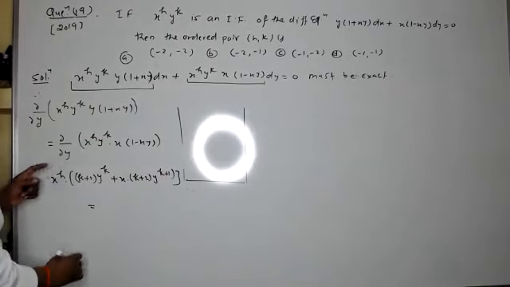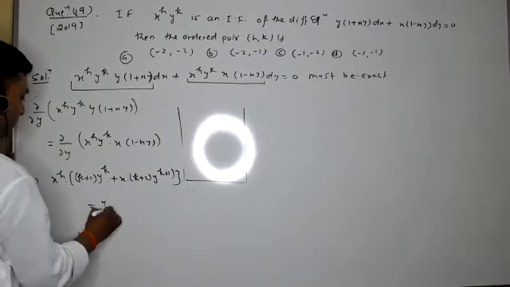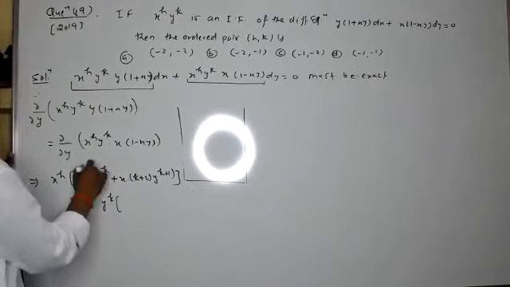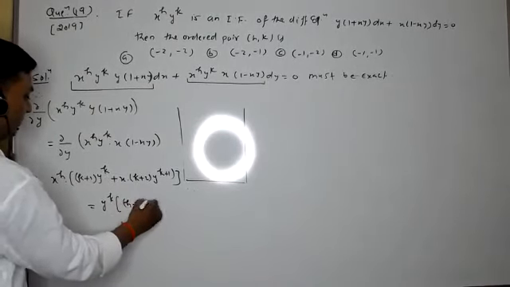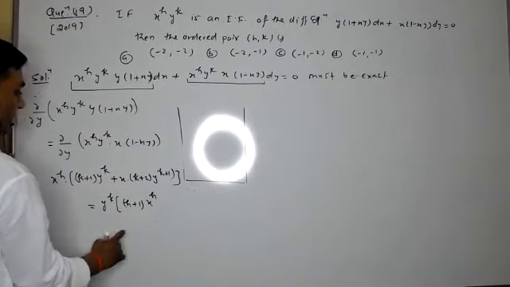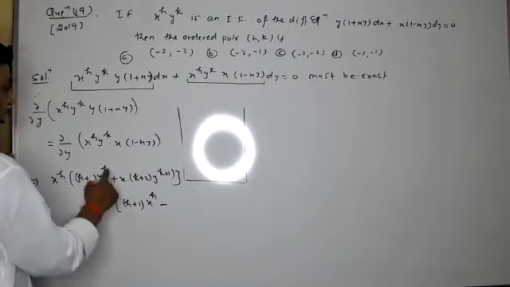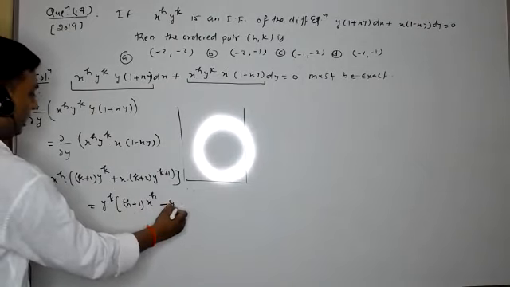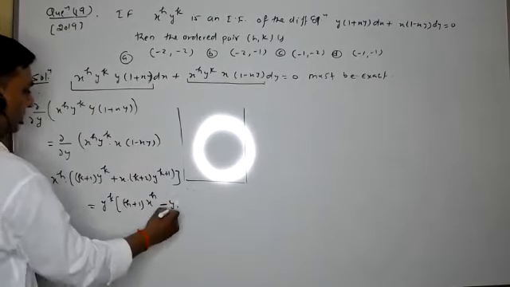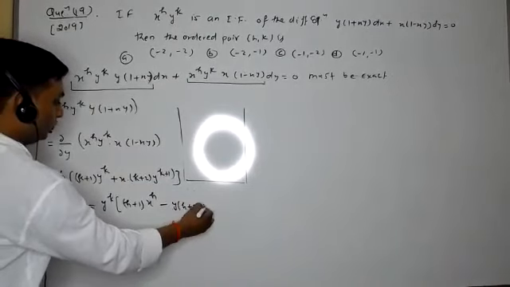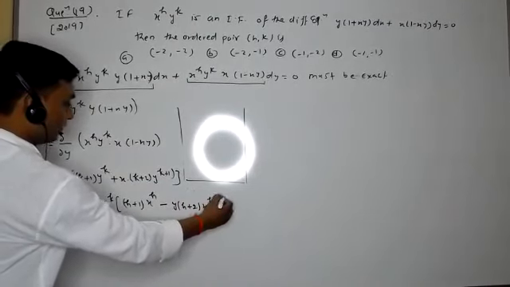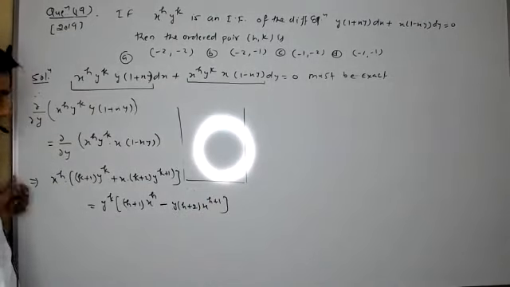And this is going to be equal to y raised to the power k outside, x raised to the power h plus 1. So this will become (h plus 1) x raised to the power h minus y into (h plus 2) into x raised to the power h plus 1, right? अभी क्या करेंगे?